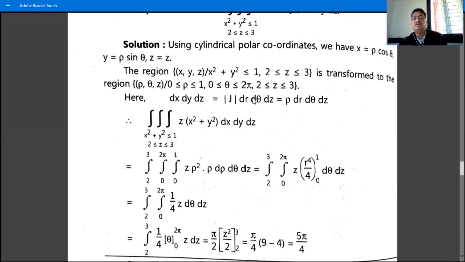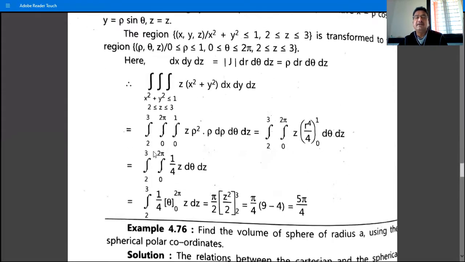Sometimes we use r notation, sometimes rho notation, so let us use r notation throughout: r dr d theta dz. Then the given triple integration is equal to the triple integration with limits 0 to 1 on r, 0 to 2 pi on theta, and 2 to 3 on z. The order is r, then theta, and then z.